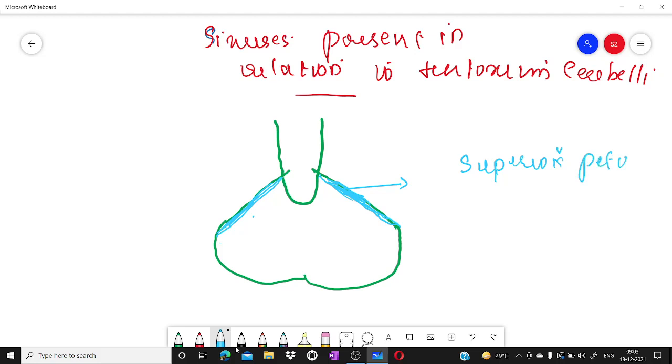Now along the line of attachment to the transverse sulcus on the occipital bone, we have two sinuses located on either side in relation to the tentorium cerebelli. These two sinuses, which are related to the attached margin of the tentorium cerebelli, are the transverse sinuses.